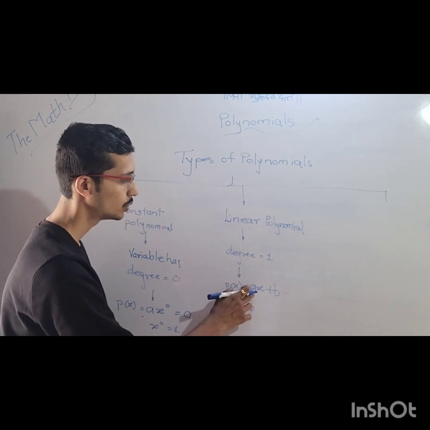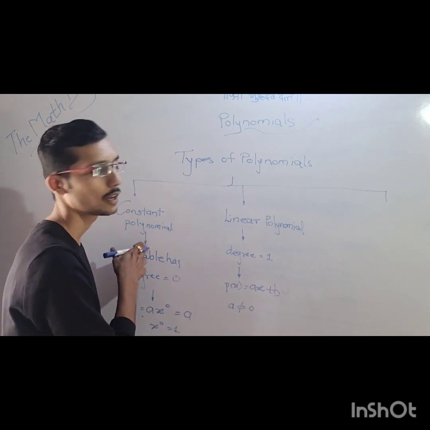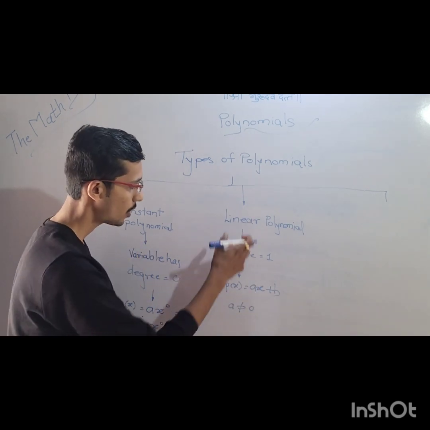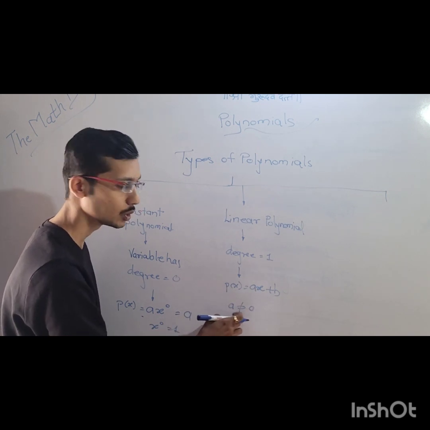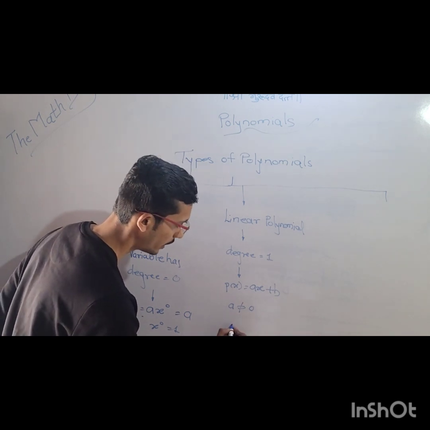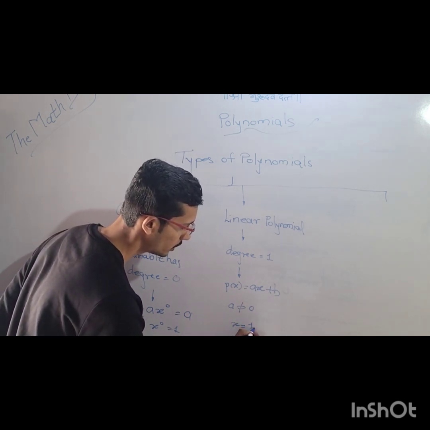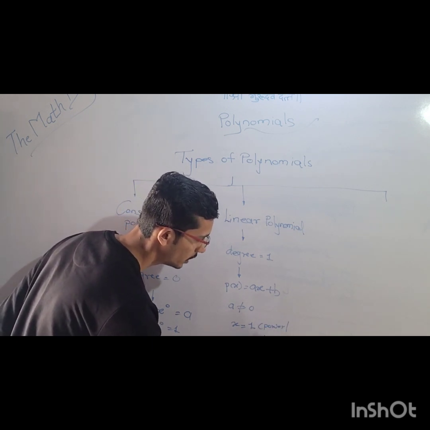That means when a equals 0, this term will be 0, so p of x equals b. That means it is again a constant polynomial. So for a linear polynomial, the first term, that is a into x, that a should not be equal to 0, and x has degree equal to 1.